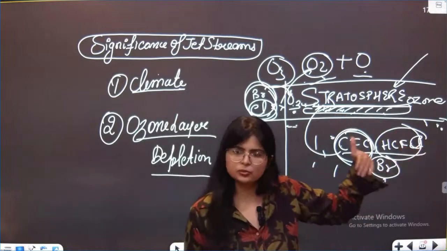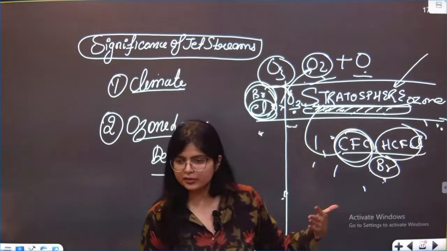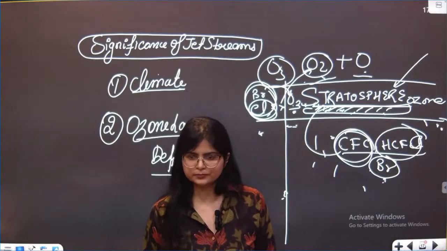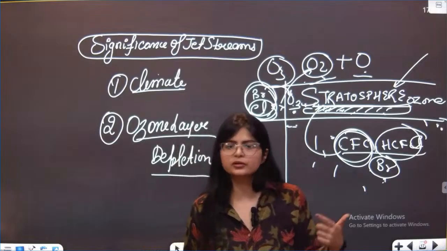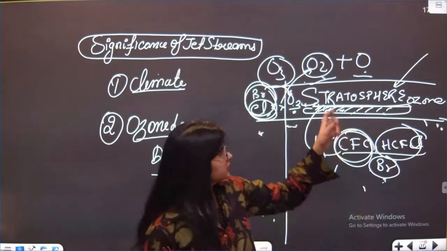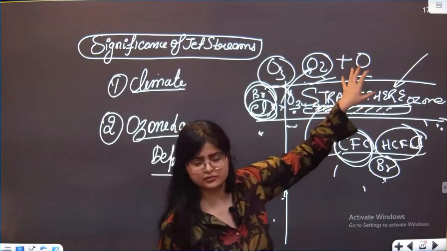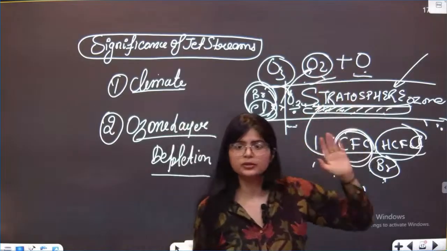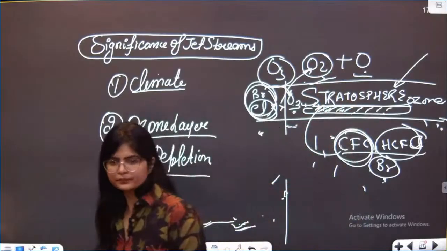Jet stream is doing its own work. It is humans, it is us who have created this havoc by using some harmful substances which do what? They do the chain reaction. They react with the O3 and try to deplete it. Okay? Right?